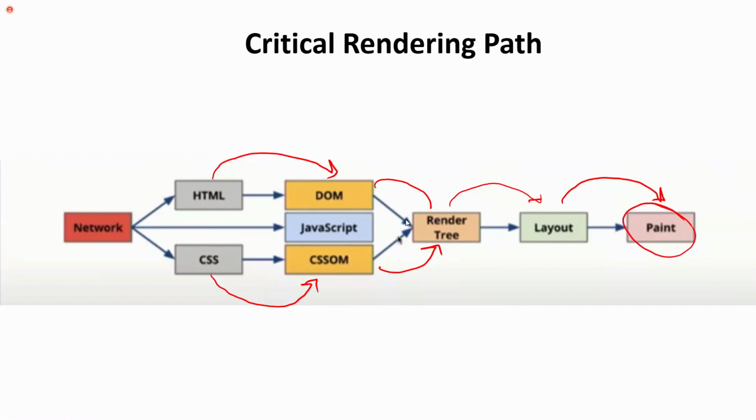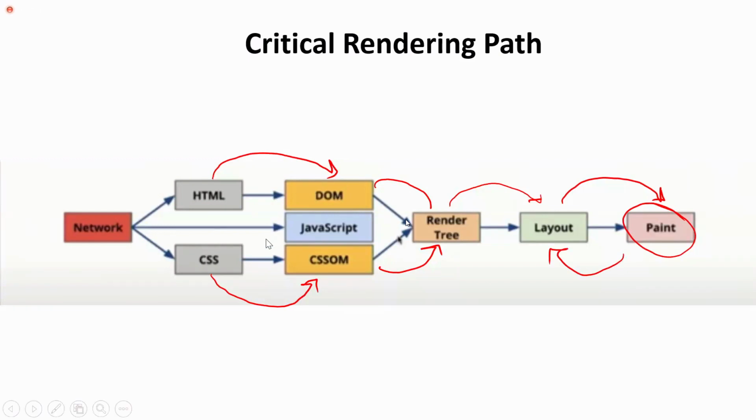Before painting, it will arrange, so in a layout it will arrange which element each style has to apply to. From the HTML model, it will collect the elements. From the CSS model, it will collect the styles and create one layout. After that, it will paint the layout. It will take some time to paint. This is how the process generally works in your browser.